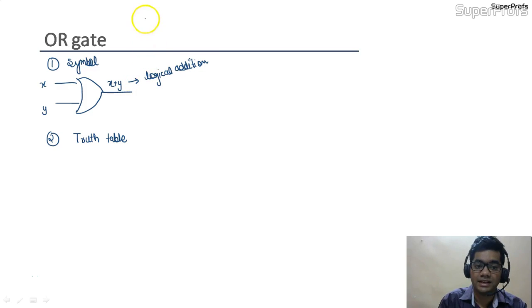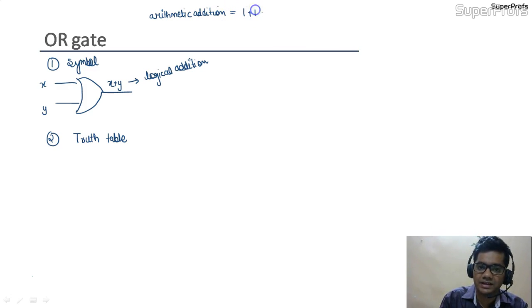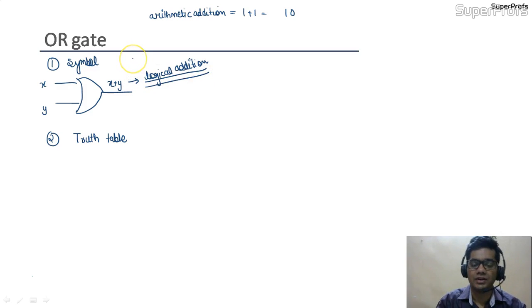But in arithmetic addition, which we use in combinational circuits, 1 plus 1 is equal to 0 at sum, and 1 would be carry. So this is not arithmetic addition, this is logical addition. So if we give inputs as 1 and 1, the output would also be 1.